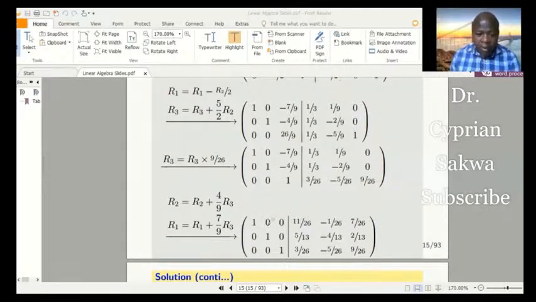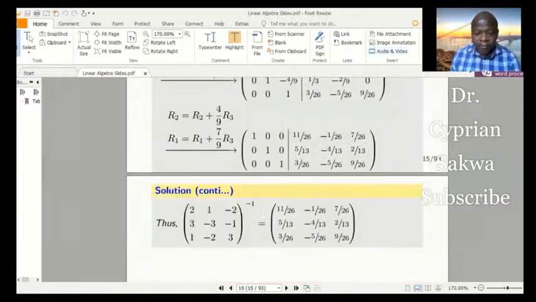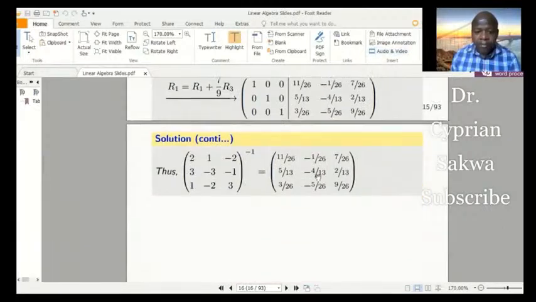Now you can see that we've achieved the identity matrix in this position, so that whatever is here is the inverse that we wanted to get. So that is the inverse. And that's what we have.